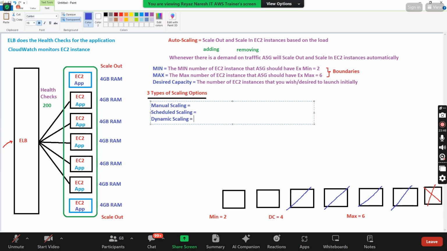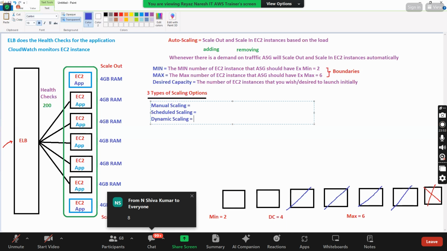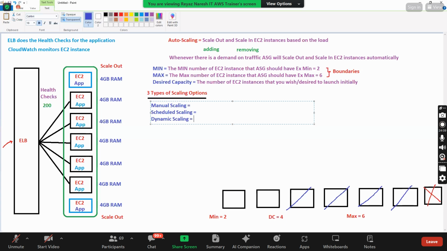Let's say it runs October 8 to 16. So till October 7th, the traffic will be different. AWS will know that from October 8th to October 16, the traffic will go high.